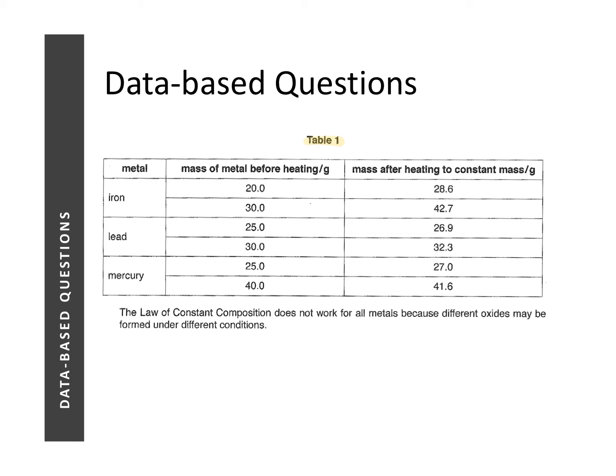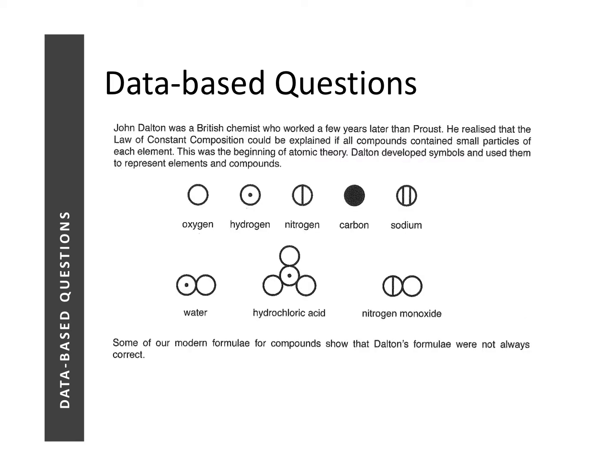Definitely, if a table is given, a question will be related to it. When we encounter the question, we'll come back to the table once again. The next part of the passage talks about using chemical symbols to represent different compounds. Once again, the symbols are given. There's no need to digest them. Just know that there are symbols given for different elements and different compounds. We'll come back to it later on.